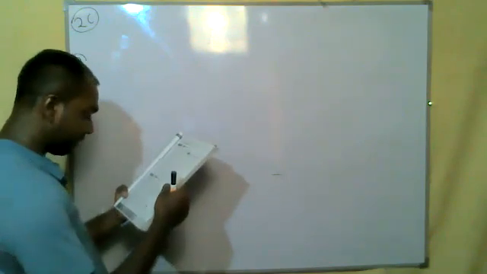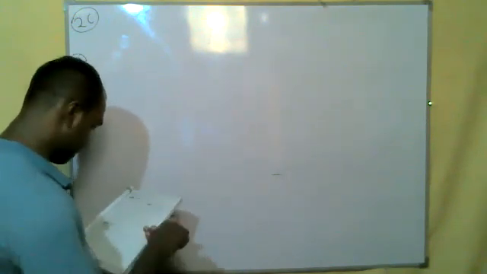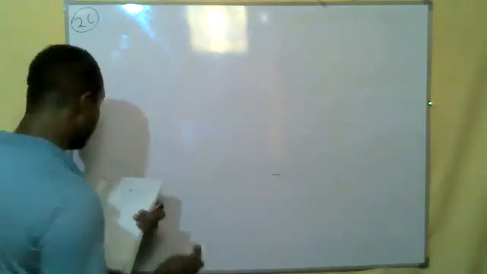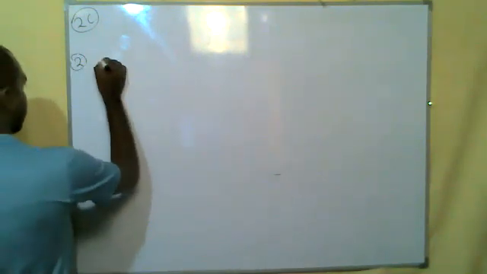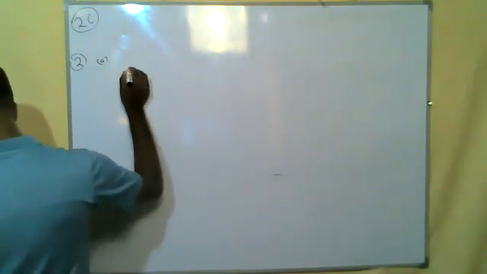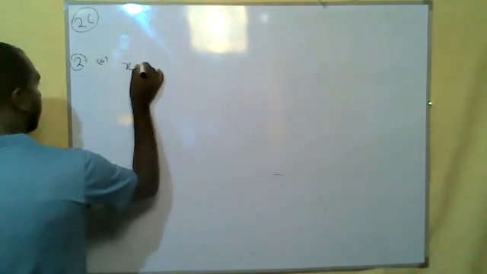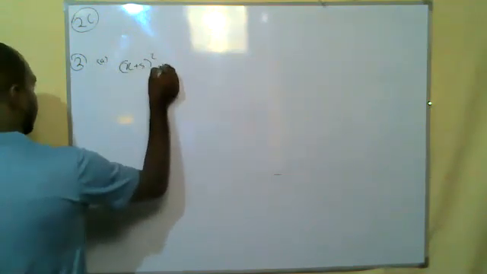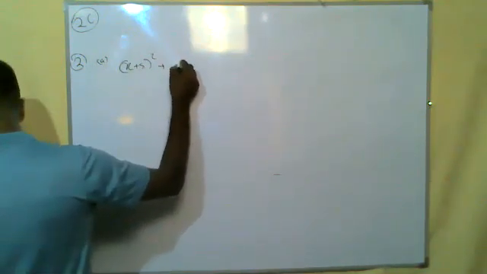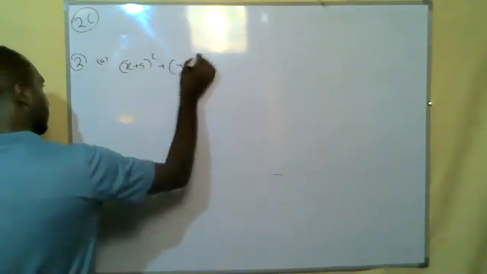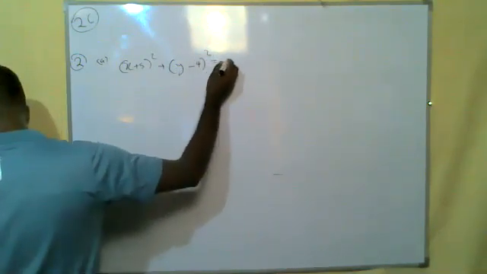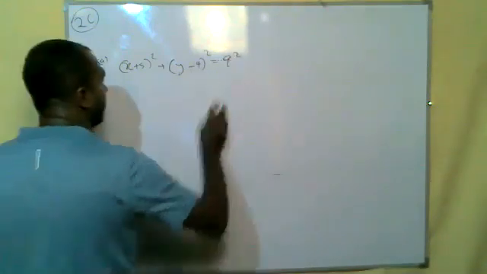Okay, let's do exercise 2C, question number 2. Write down the coordinates of the center and the radius of each circle. What is the first equation given to us? (x plus 5) to the power 2 plus (y minus 4) to the power 2 equals 9 to the power 2.